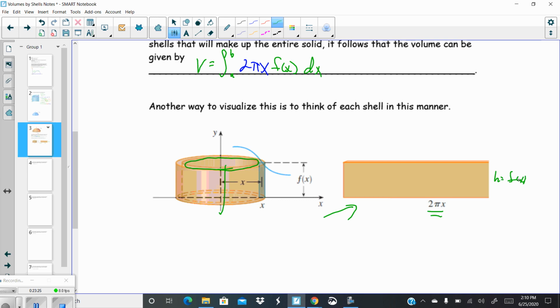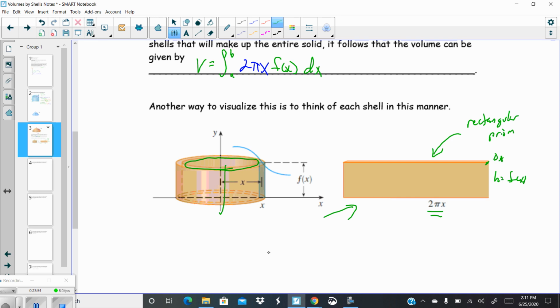And then it does have a thickness to it, which in this case is just some kind of a change of x. So this piece right here has a thickness, which is your delta x. If you make that infinitesimally small, it becomes dx. So really, all you're doing when you find the shell is you're adding up or finding rectangular prism volumes. That's all that it is.